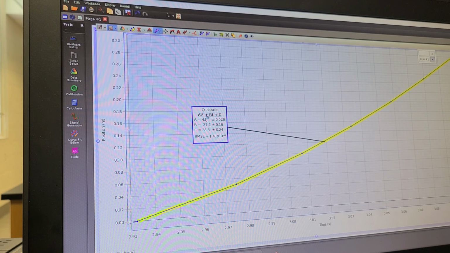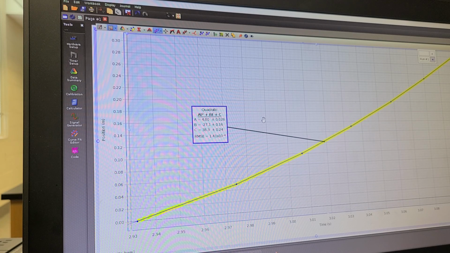But remember that the t squared term is actually 1/2 a, okay, so 1/2 a is going to be 4.8. So then you can find a as basically 4.8 times 2, or you can divide 4.8 by 1/2, and that should give you the acceleration, which is 9.6. So that's the way you get the acceleration, using the quadratic fit.